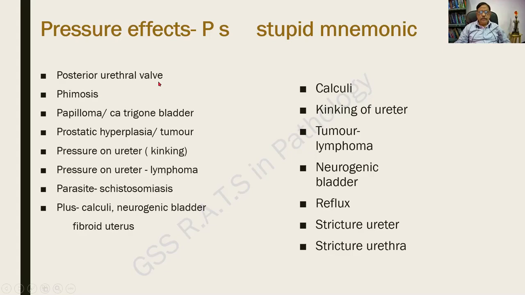There is a condition called posterior urethral valve, phimosis of the penis, papilloma or carcinoma of the trigone of the bladder, prostatic hyperplasia, pressure on the ureter or kinking, pressure on the ureter due to a lymphoma, parasite such as schistosomiasis, plus you can add all this. Calculi, neurogenic bladder or a fibroid uterus. Please remember the P's. Most of the causes you people will be able to recollect.